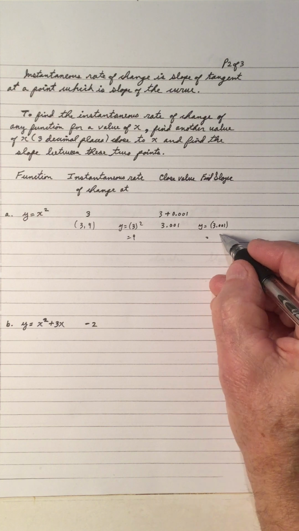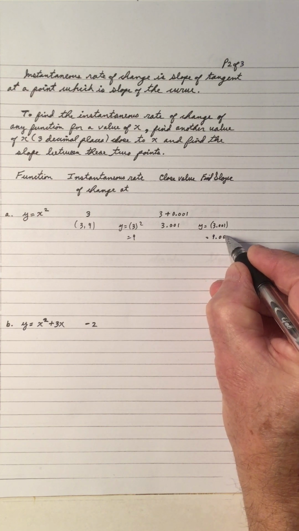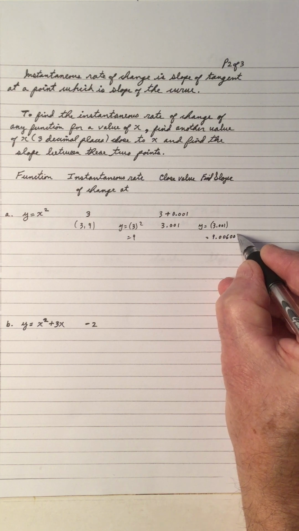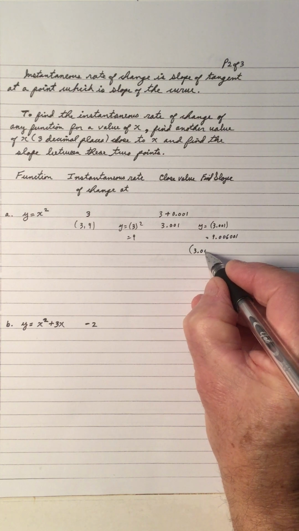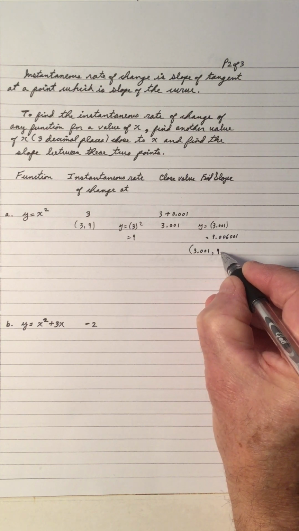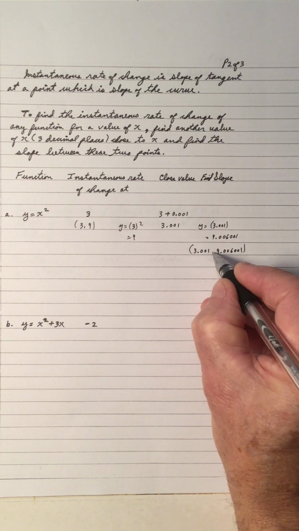When we square that out, we get 9.006001. So this point is 3.001, 9.006001, and I write this down because I'll work out the slope from this point.